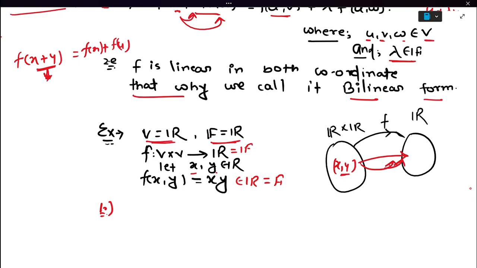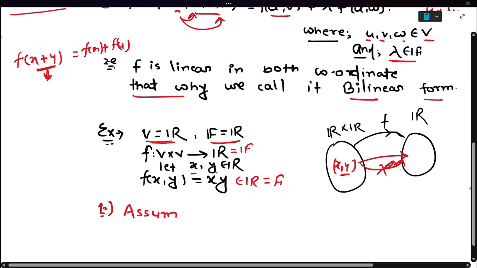One element should not have two images for a function. Firstly we will check that this is a function, and then we check the linearity in the first coordinate and the second coordinate. So assume (x1, y1) equals (x2, y2).